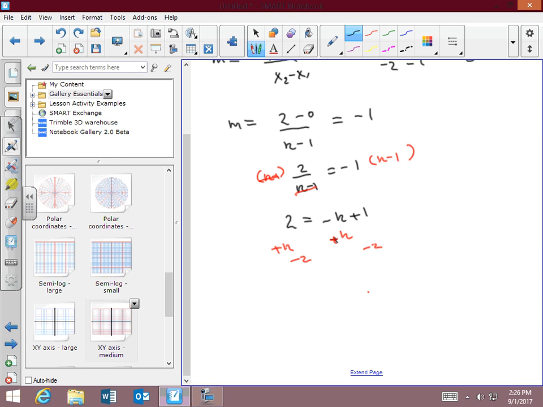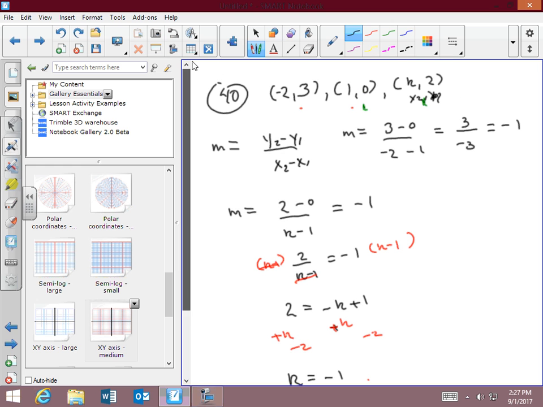On the left I'll have k, and on the right I'll have a minus 1. So my ordered pair, this ordered pair right here, is a minus 1, 2.